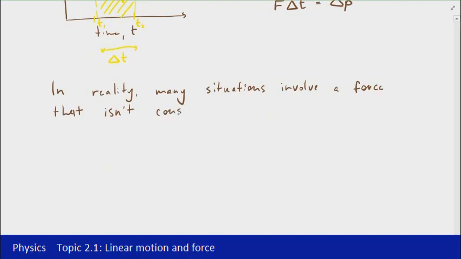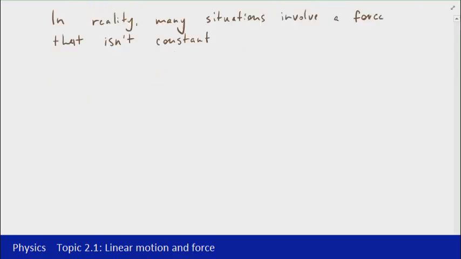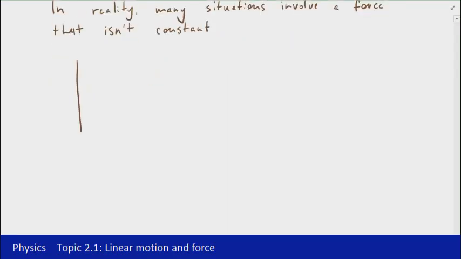As you compress your legs, you start pushing on the ground. That force would change over time, increasing and then decreasing again as your feet lift off the ground. So in that scenario, the graph for force versus time will look a bit different. It won't be a constant force being applied now.